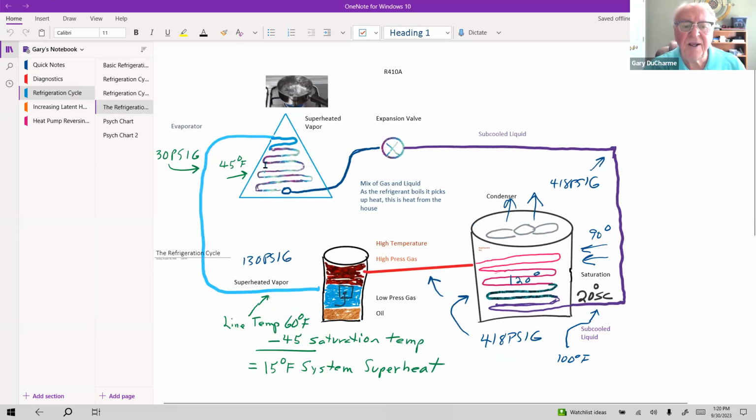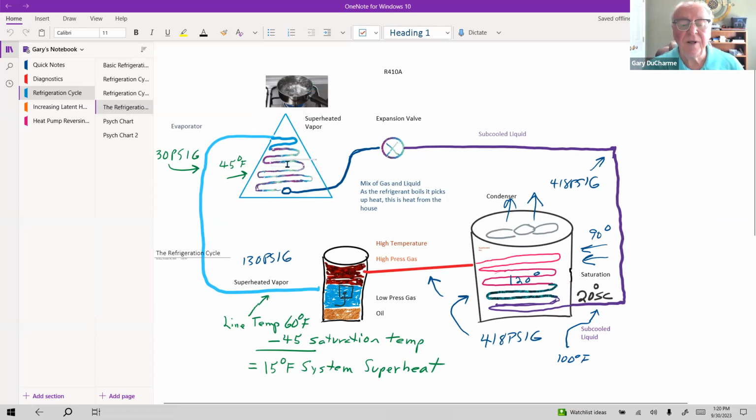The evaporator is staying at 45 degrees. The heat that's coming from the room can possibly be 90 degrees if it's turned on a hot day, can be 70 degrees. It still has more heat than the 45-degree refrigerant that's saturated, that's boiling inside the center of this evaporator.